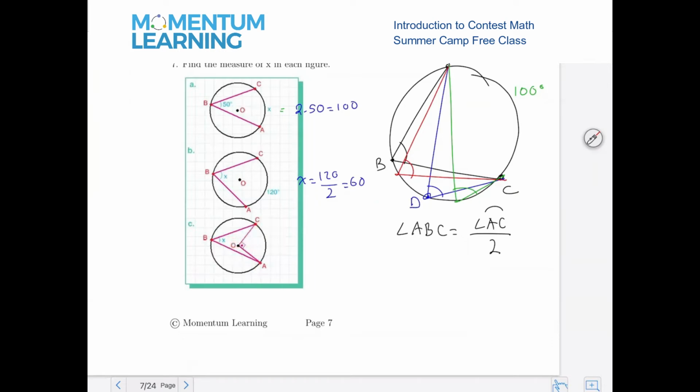Although it doesn't specify here, the teacher will specify O is the center in all this. So COA is a central angle. That means arc AC is equal to COA, which is 90 degrees. Then CBA is going to be 90 divided by 2, which is 45 degrees.